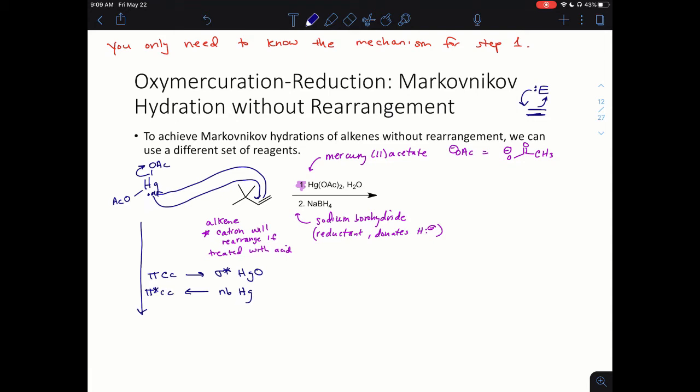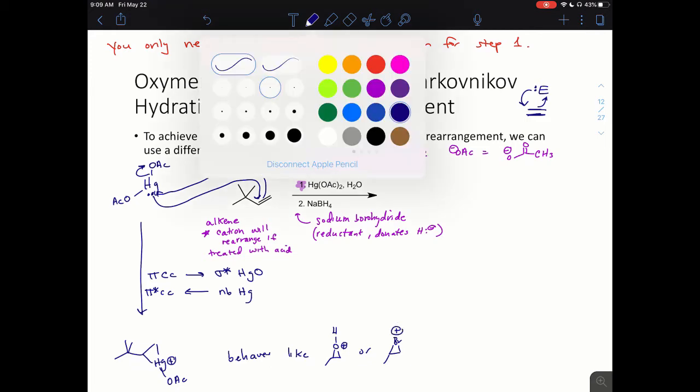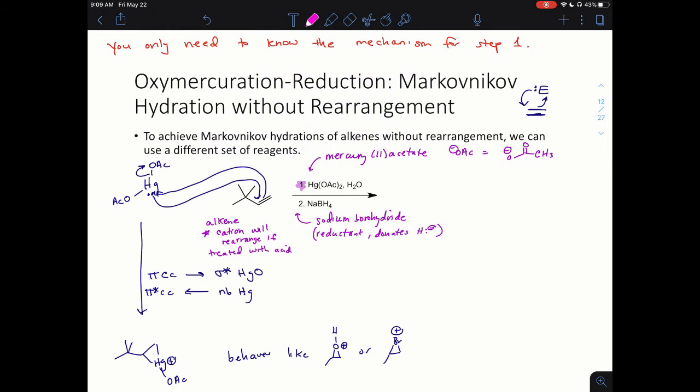So we do have this cyclic transition state. And we will generate a cyclic intermediate. And that cyclic intermediate looks a lot like a bromonium ion, and it looks a lot like a protonated epoxide. And it is going to behave similarly to both of those things. So when I say it behaves like a protonated epoxide or a bromonium ion, what do you think that means?